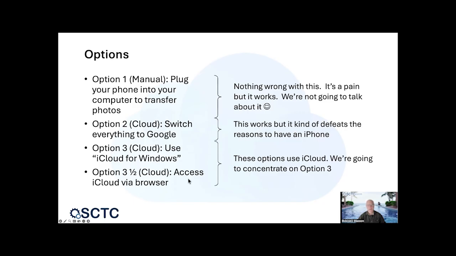Although option 3.5, which is to access iCloud via your browser, is a very good solution, and it's a very simple solution. I probably got 1 or 2 slides on that, and then we're going to talk more about this iCloud for Windows app. So those are really the main options that you have if you want to synchronize things between your iPhone and your Windows PC.